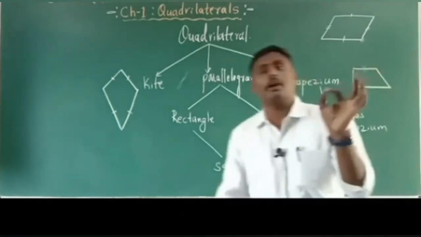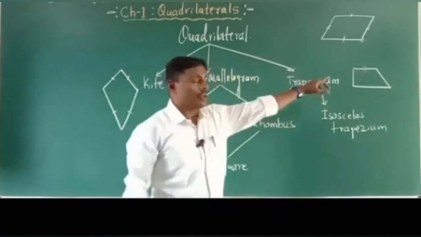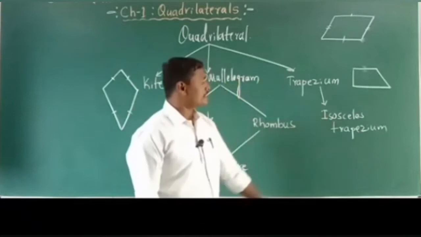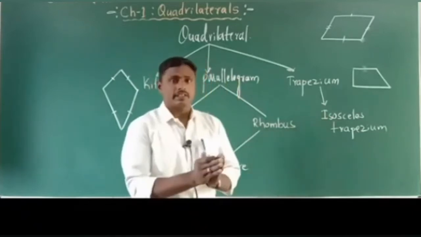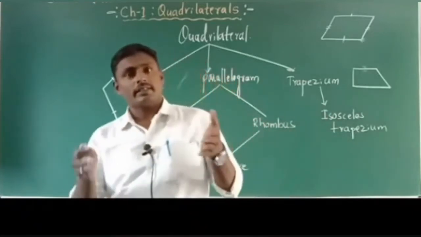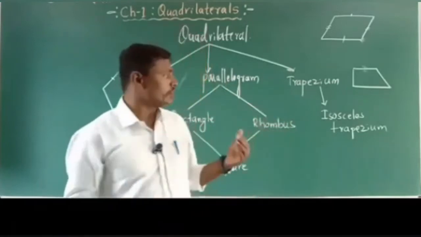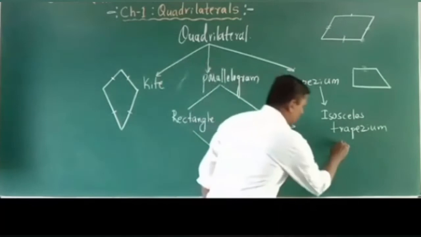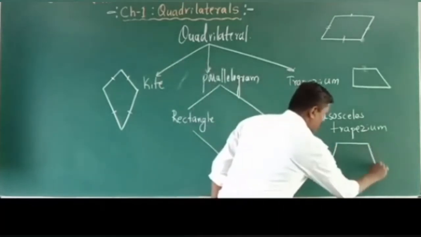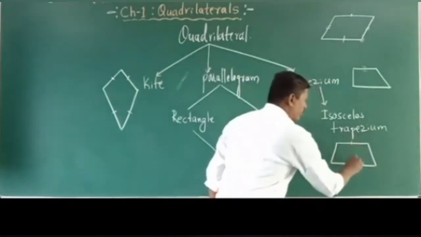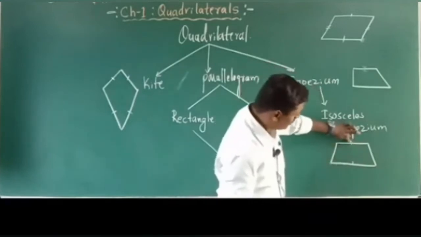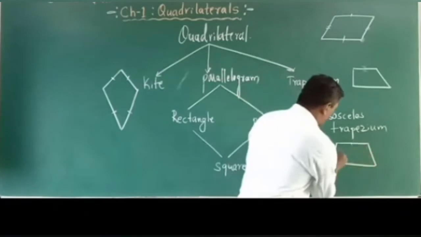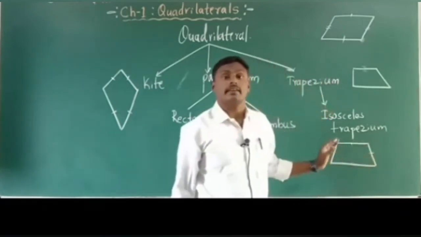Only one pair of opposite sides are parallel in the trapezium. Next, isosceles trapezium means what? Isosceles, we already discussed in the triangles. In the previous classes we already learned, right? So isosceles means 2 sides are equal. So isosceles trapezium means one pair of opposite sides are parallel and the remaining one pair is exactly equal.